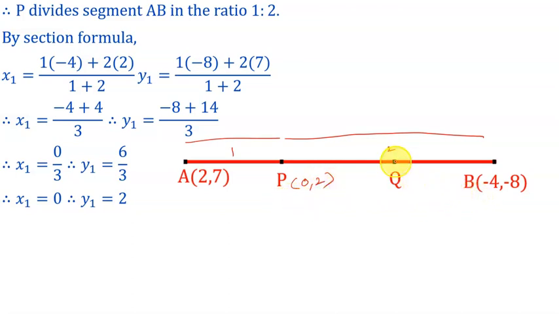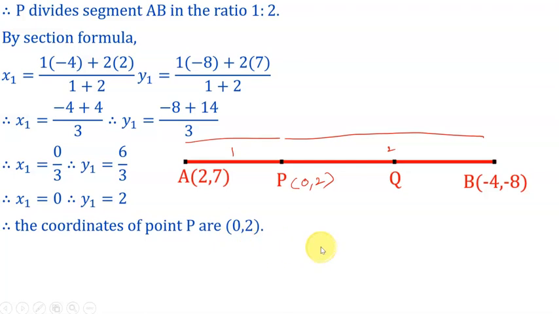The midpoint formula, because Q is the midpoint of PB. Apply the midpoint formula, that is (0 plus -4) upon 2 and (2 plus (-8)) upon 2. Then you will get the coordinates of the point Q. Okay. The coordinates of point P are (0, 2). Okay.